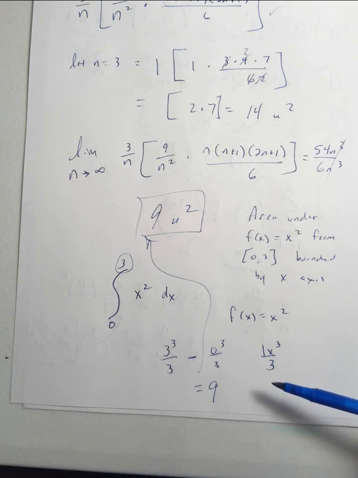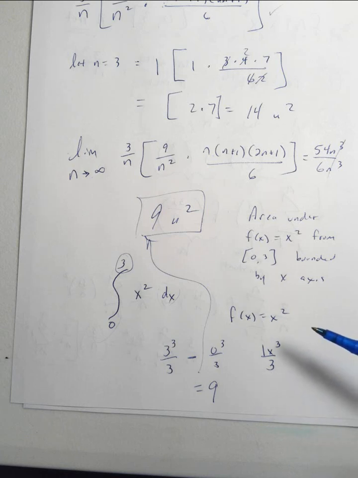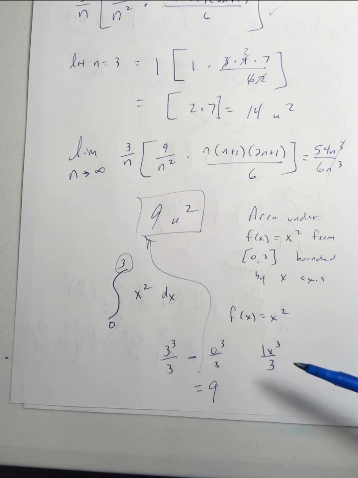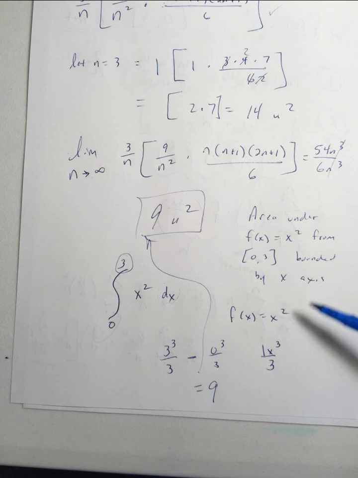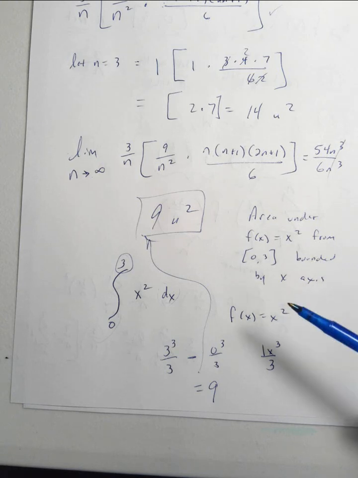Much like when you take a position function and find its derivative, you get its velocity. But when you go the other way with it, you find that area under the curve, which might represent the amount of space that it's traveled or whatever.